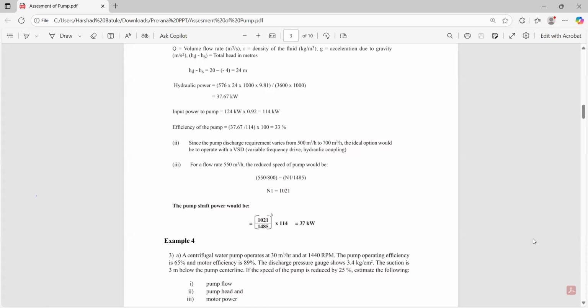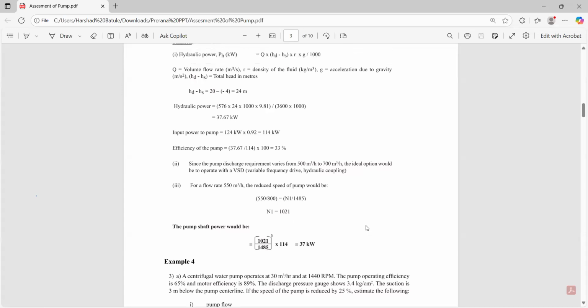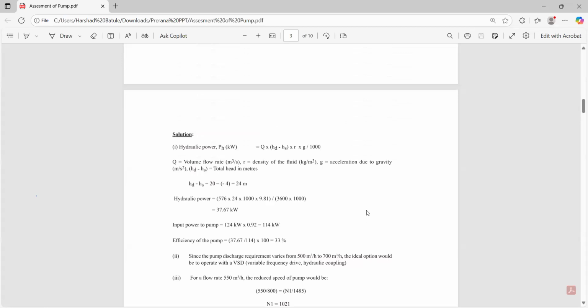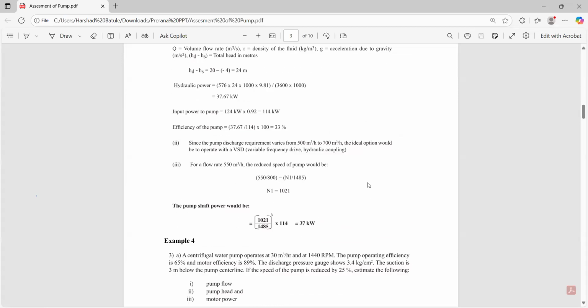After reducing your flow rate from 800 m cube with VFD, you can save power from 114 kilowatt to 37 kilowatt. Means there is a significant amount of power that can be saved with the help of a variable drive, if your flow rate is far away from the actual requirement.